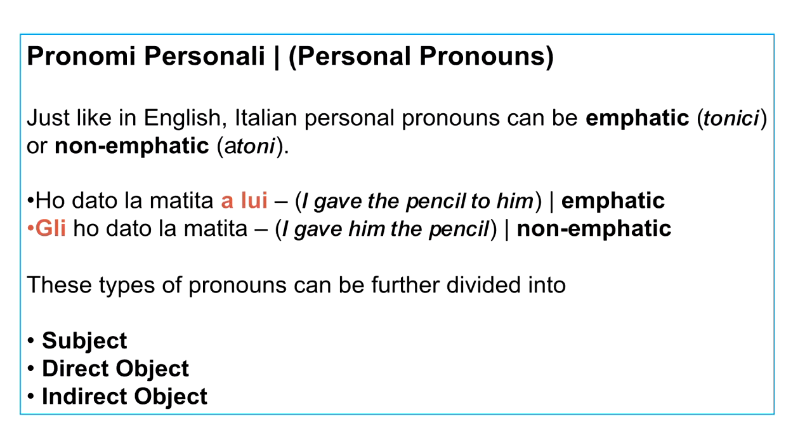Now, these types of pronouns can be further divided into three categories. The subject pronouns, direct object, okay? Direct object and indirect object. I assume that you have, at this point, if you're taking this lecture, assimilated, understood the rudiments of English grammar.